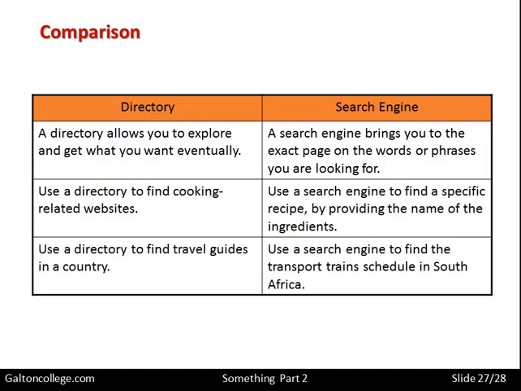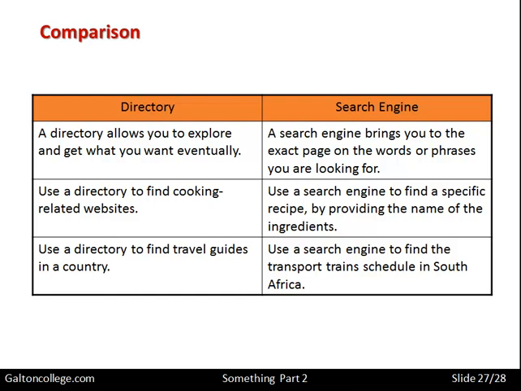We could use a directory, for example, to try and find travel guides in a country, but again we have to find out which one meets our requirements. The directory simply gives us a list of travel guides in a country, whereas a search engine, we may be able to refine the search, what we type in, and we're able to get, let's say, different types of transport and the schedules for the transport and the cost of the transport.